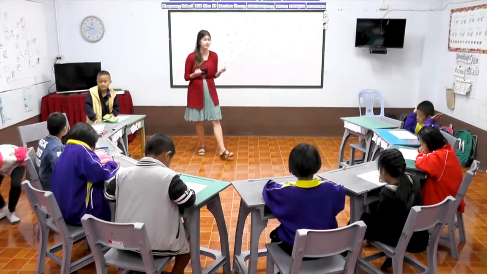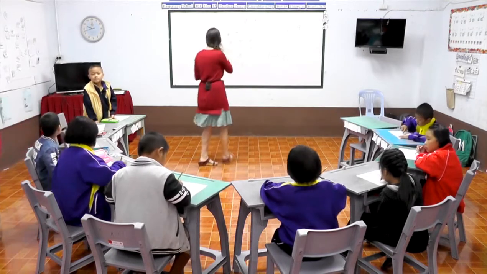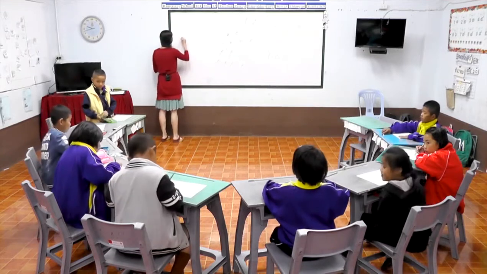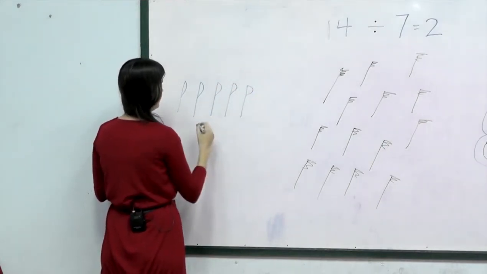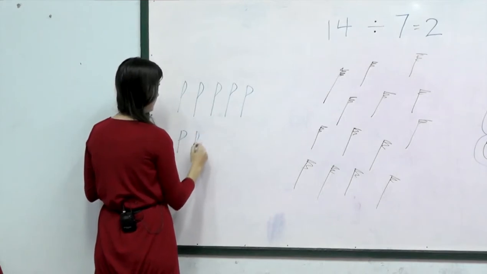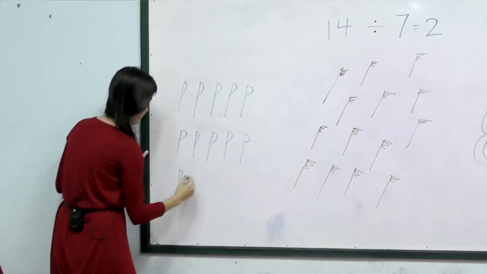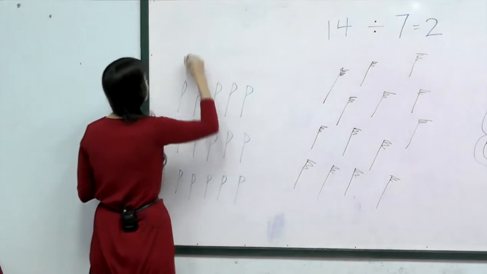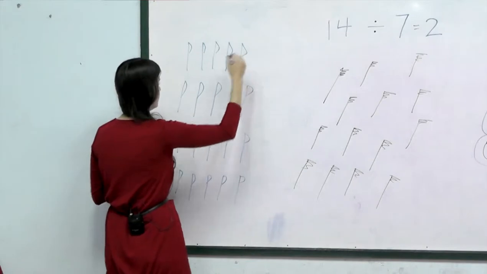Okay. 20. What's our next picture? 20 knives. Okay, 20 knives. 5, 6, 7, 8, 9, 10, 11, 12, 13, 14, 15, 16, 17, 18, 19, 20.